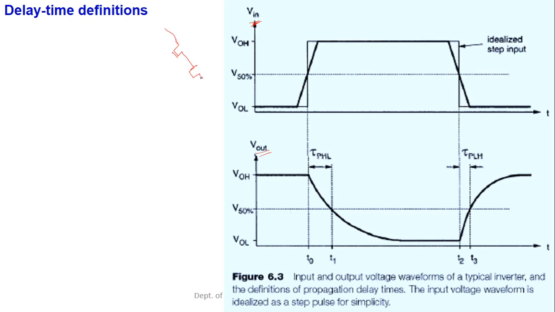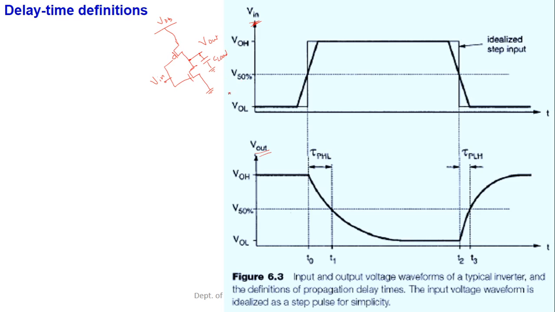This is the PMOS, this is VDD, this is the output terminal, and this is the input terminal. This is PMOS, this is NMOS, and there would be a load capacitance CL between the output and the ground.